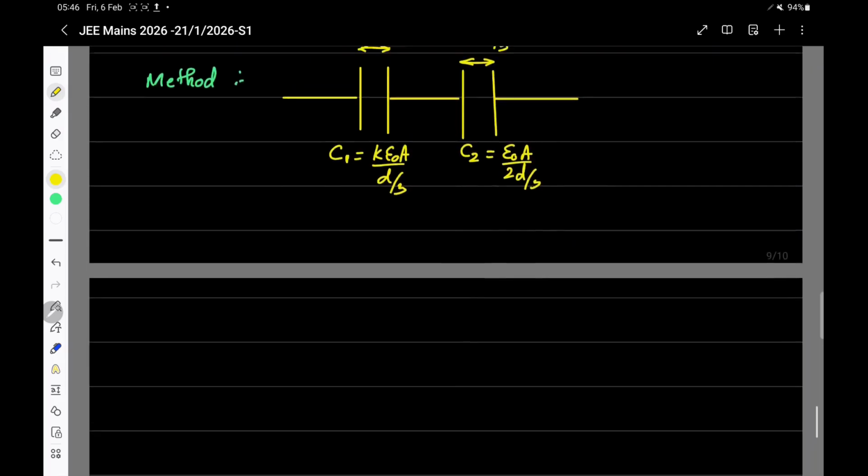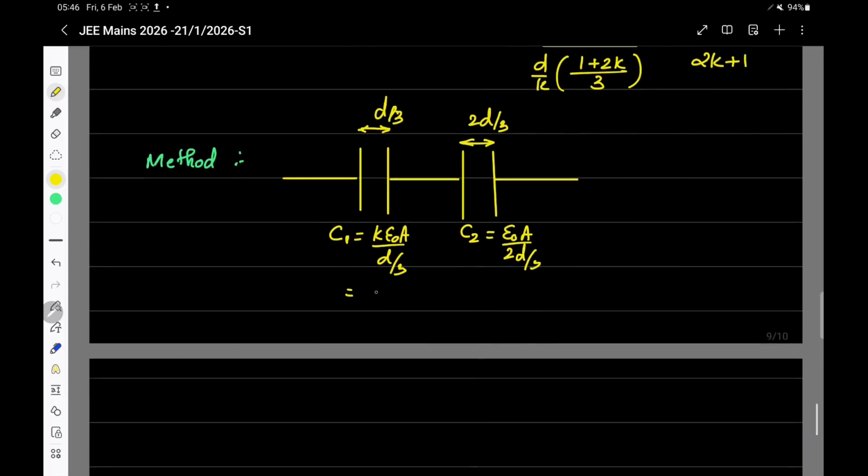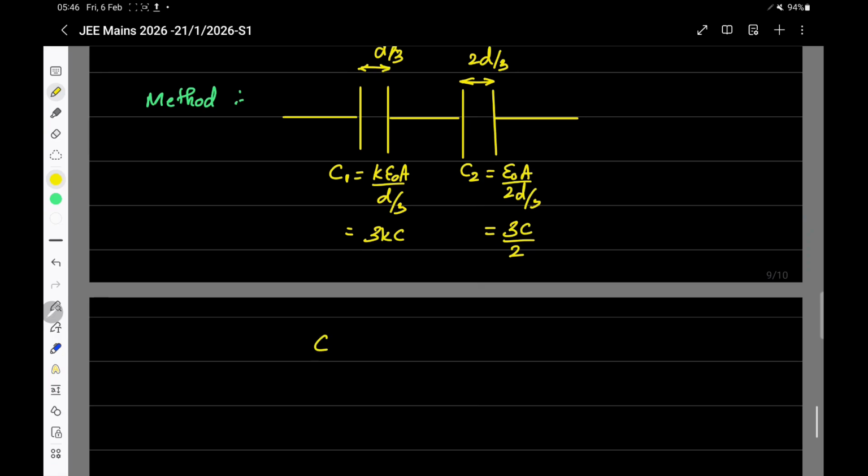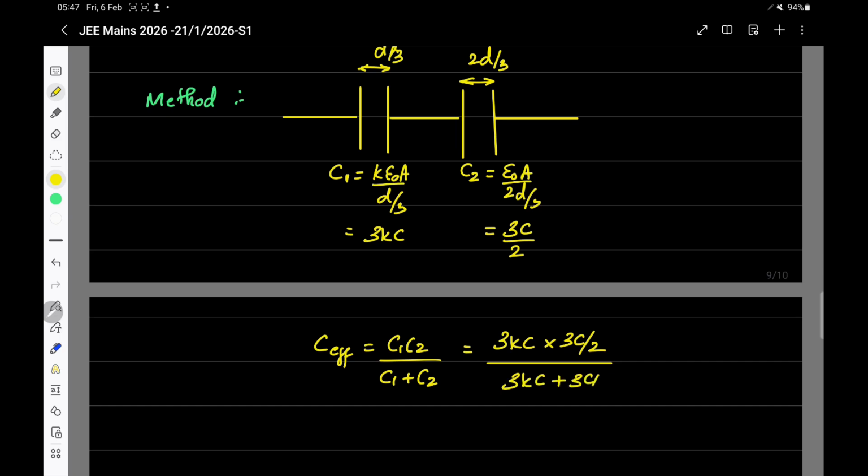If you see carefully, the value of C1 is 3KC and the value of C2 is actually 3C divided by 2. Now these two are in series, so C effective will be equal to C1 C2 divided by C1 plus C2, which is equal to 3KC into 3C by 2 over 3KC plus 3C by 2.